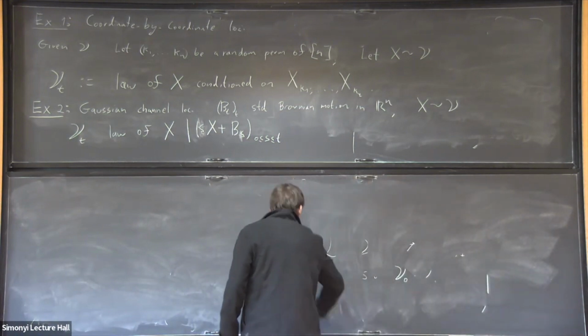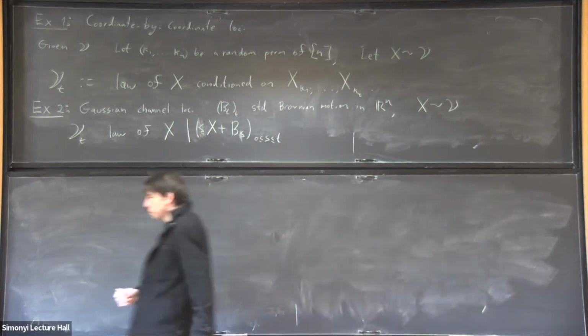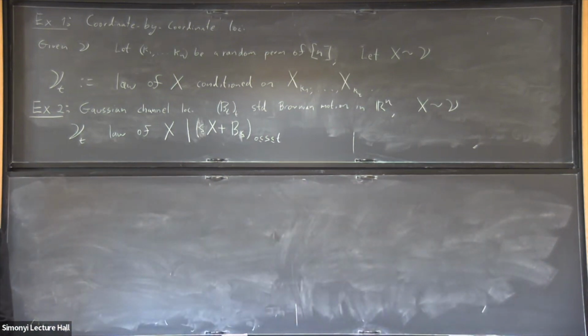Given this notion, it turns out there's a very natural way to associate a sampling algorithm, basically a dynamics, a Markov chain, with any localization scheme. So there's a natural mapping from the family of all possible localization schemes to the space of dynamics. And by dynamics, I mean a Markov chain as a function of a measure. Let me write it like this.